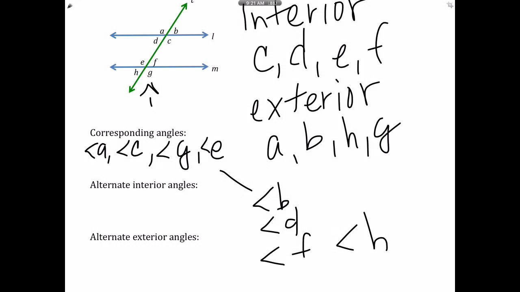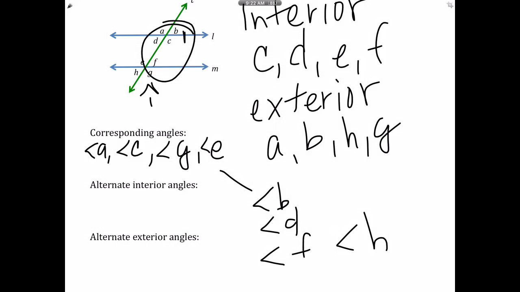All right, alternate interior. Alternate interior angles are on alternate sides, the opposite sides, on the interior between the parallel lines. So they are on the inside, and they are on the opposite sides.